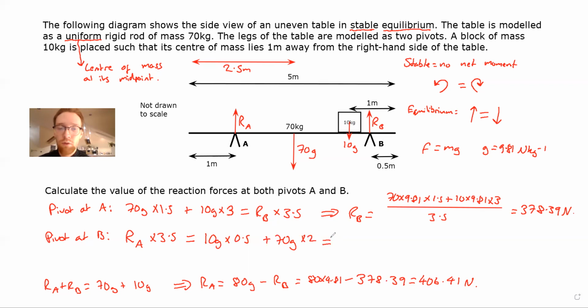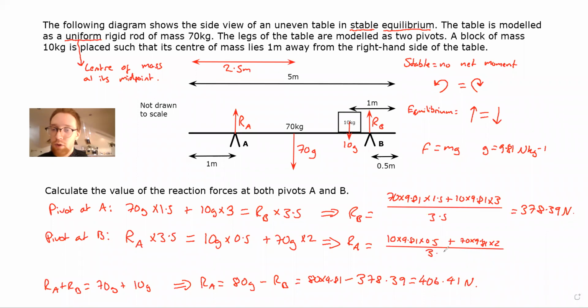So therefore, rearranging for RA, the reaction at A, that's going to be all of this stuff divided by 3.5. Okay, so we're just bringing that 3.5 over and under effectively. So let's pop in our values for G. So that's 10 times 9.81 times 0.5 plus 70 times 9.81 times 2, all over 3.5.